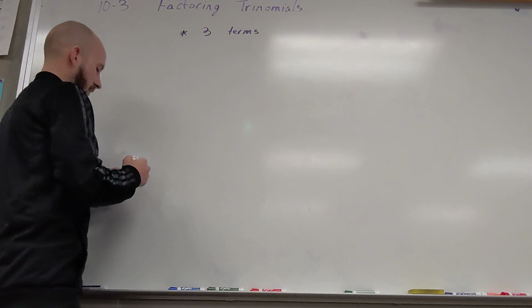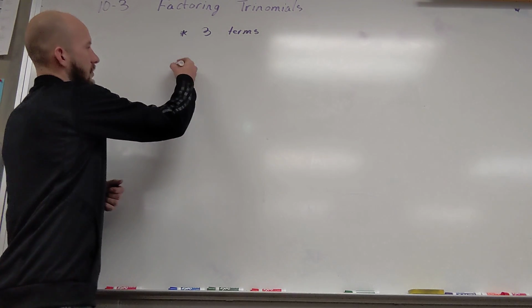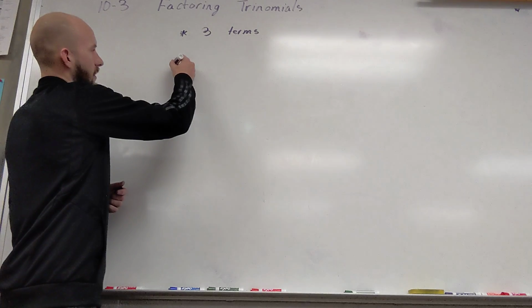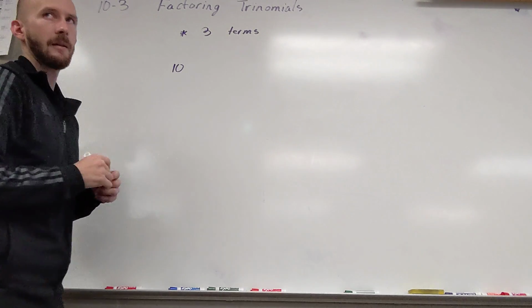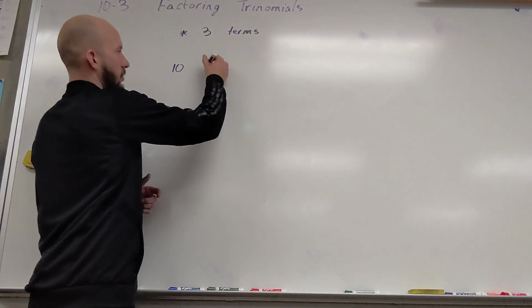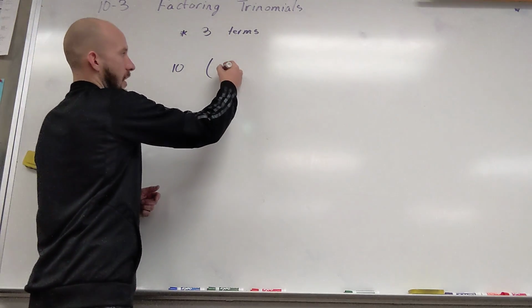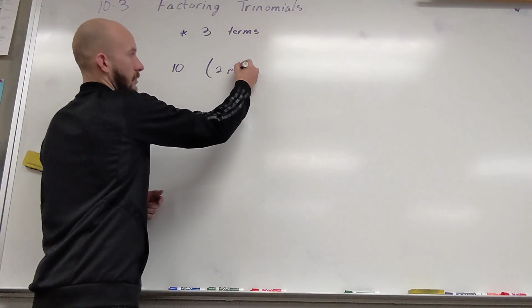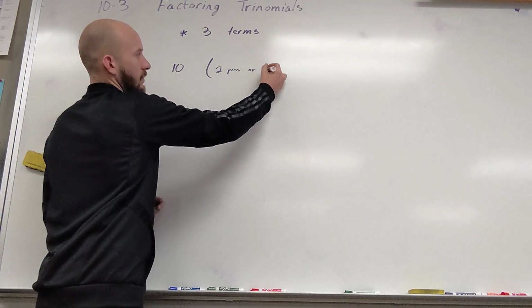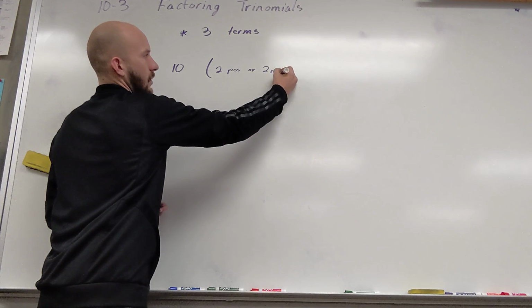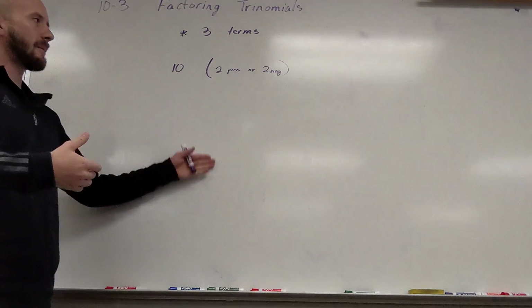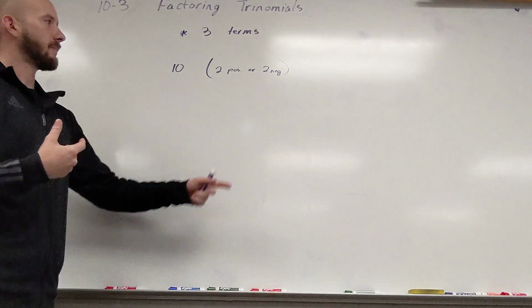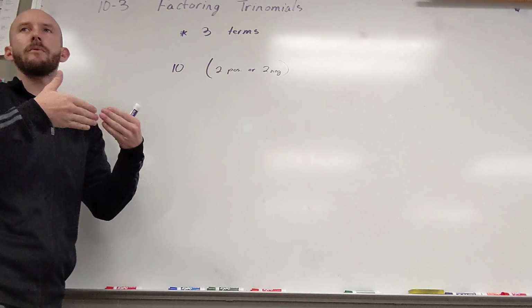Okay. So if I need two numbers that multiply to be a positive number, like 10, if you're really struggling with that, you might just write out you either need two positive numbers or two negative numbers. Okay? To multiply to be a positive number, two positives, two negatives, two of the same.